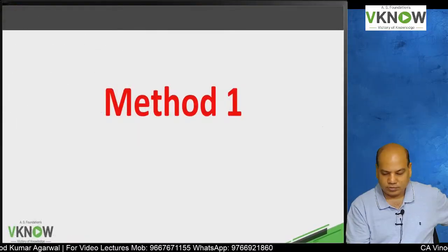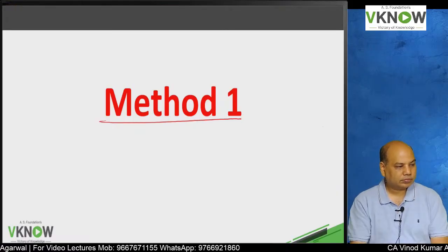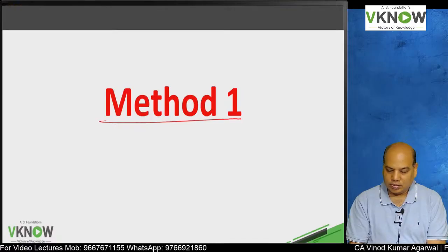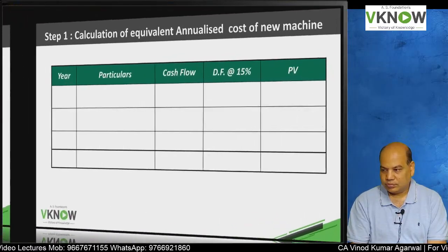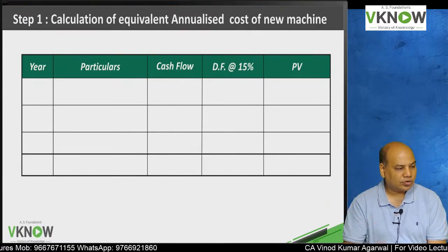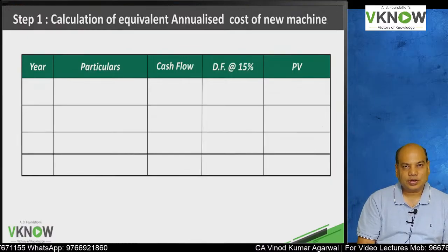Write down method 1. Under method 1, first we'll compute the equivalent annualized cost of the new machine.